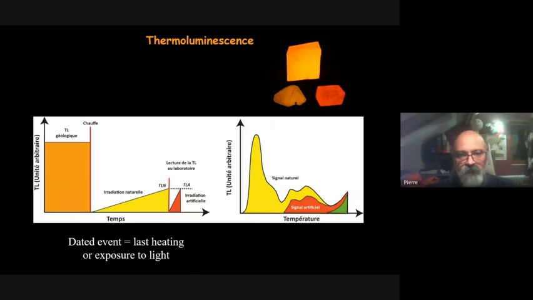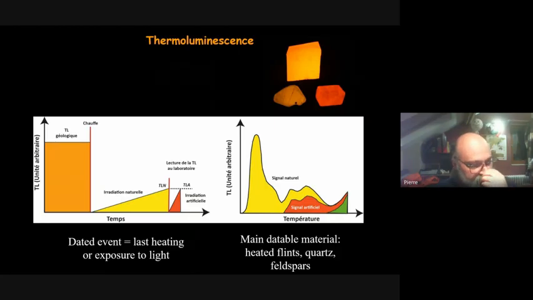And the intensity of the light is directly related to the quantity of electrons initially trapped in the crystal. So when we try to date this kind of element, we slowly increase the temperature and we determine the different peaks of light emission, and we try to understand and quantify how many electrons are freed at this moment.